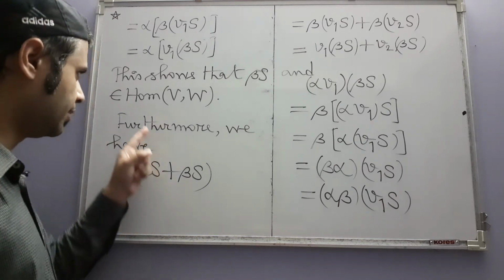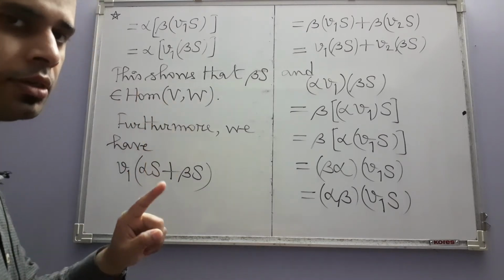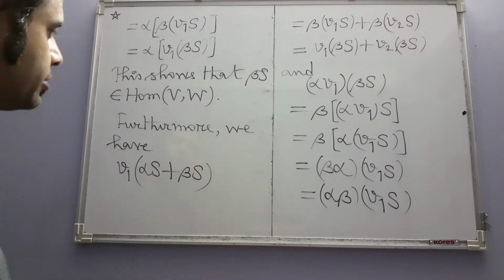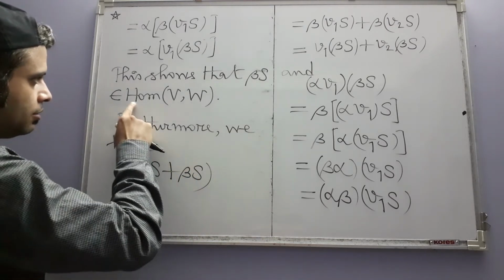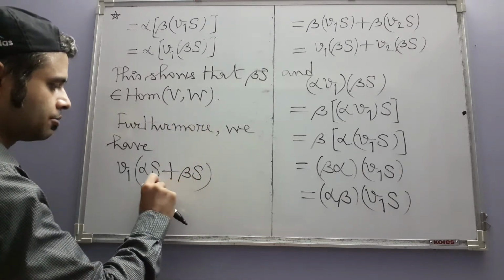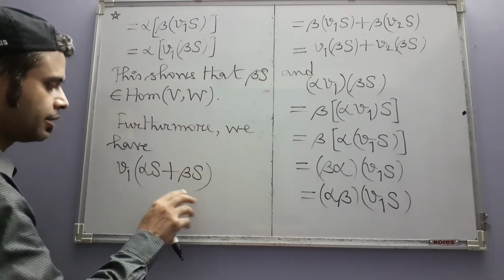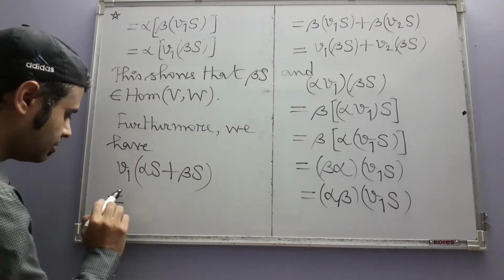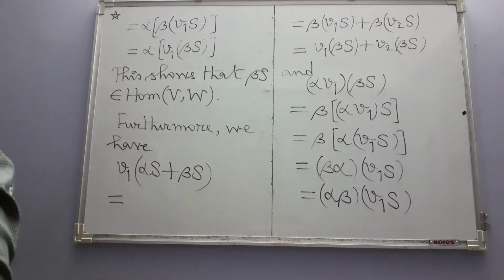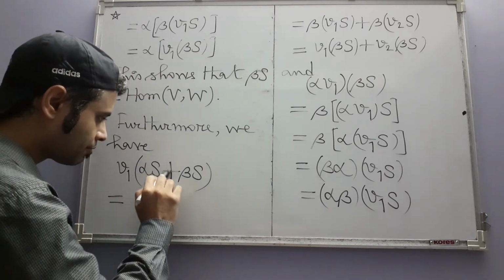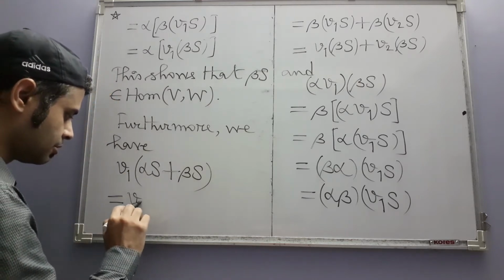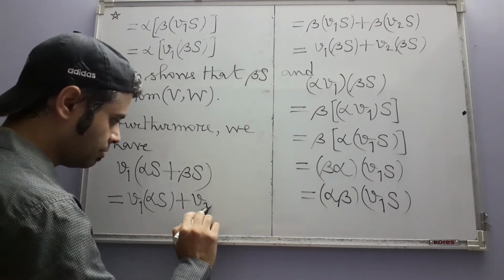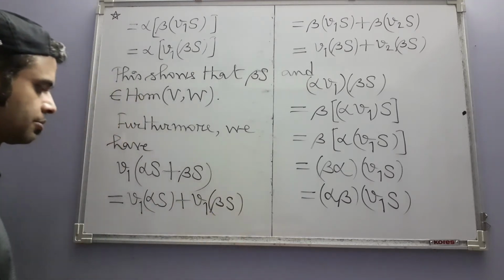That means our vector in home V comma W, although we cannot call it a vector, we still haven't shown that it's a vector space, but I'm just saying the vector in home V comma W has been chosen to be a single one, and the scalars we are taking from the underlying field to be two possibly different scalars, and we are applying this combination on V1. So first, by the definition of our addition, this is V1 alpha S plus V1 beta S.